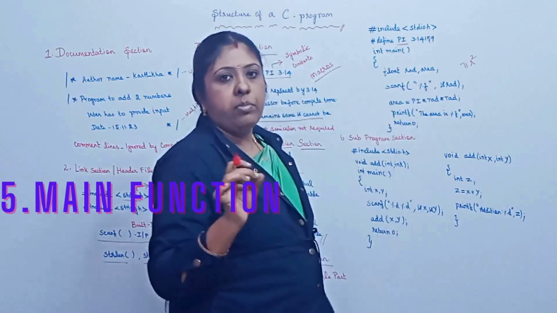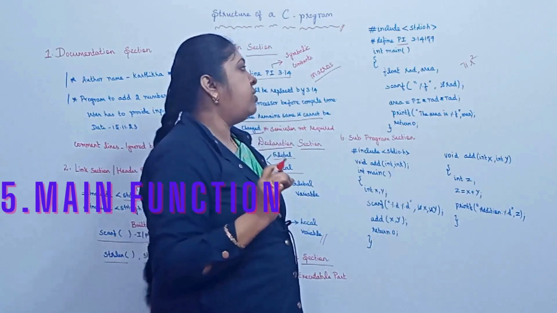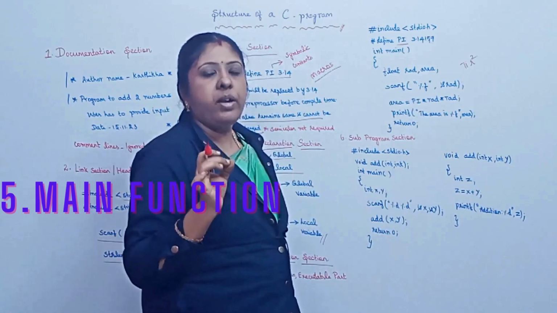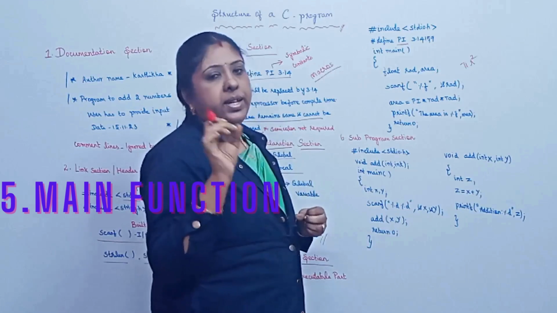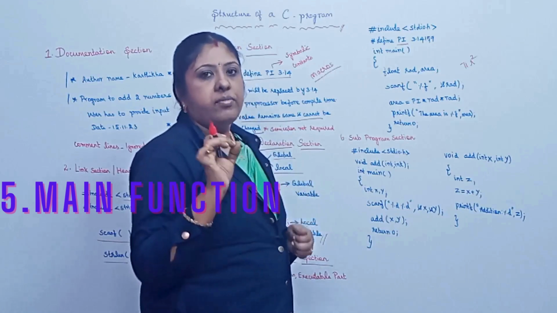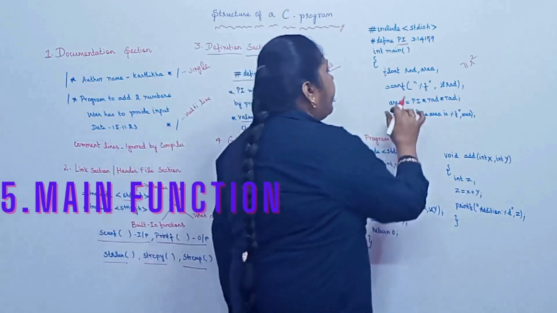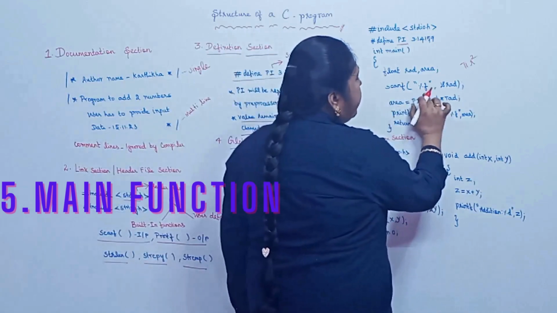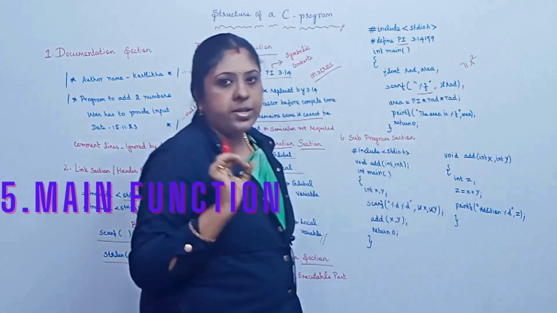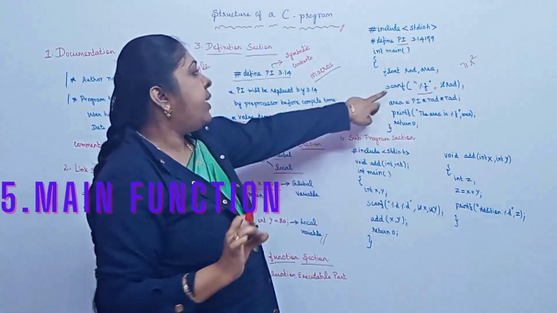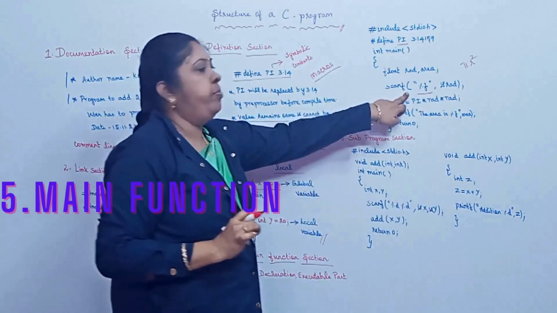That is, both variables are given as float values. Float is nothing but we can provide values with decimals and find the answer with decimal values. And then scanf percentage f. Percentage f is nothing but the format specifier for representing the float value.